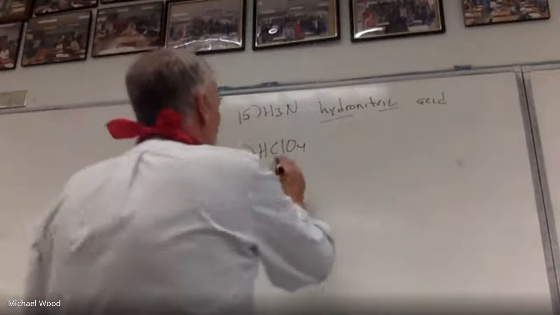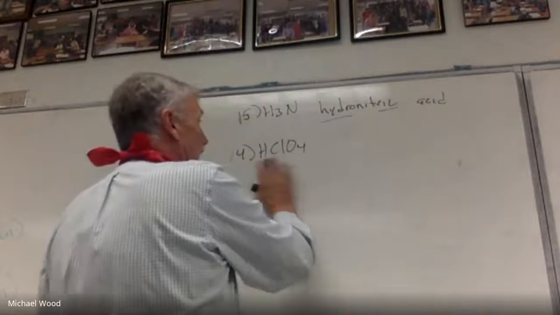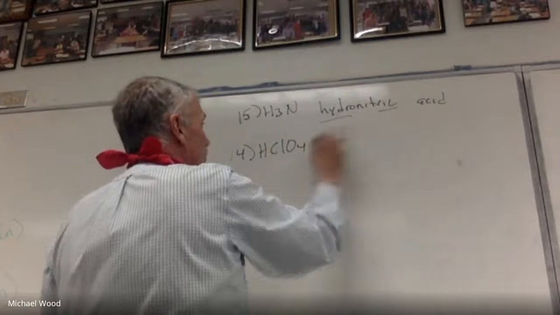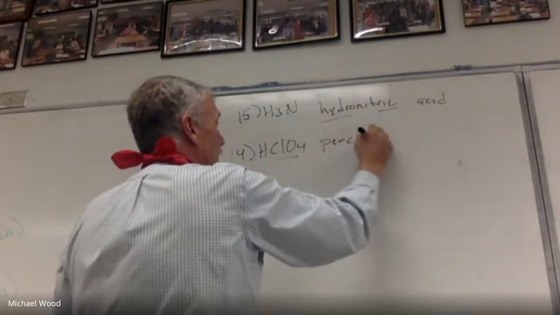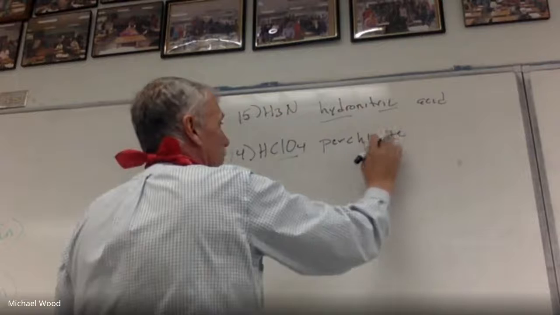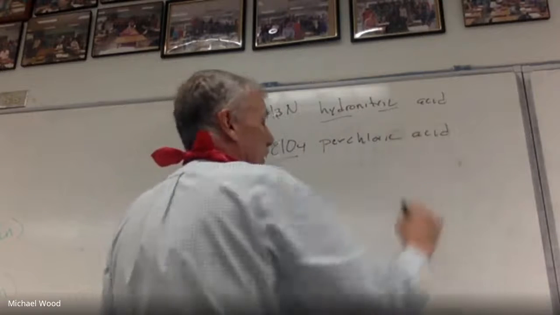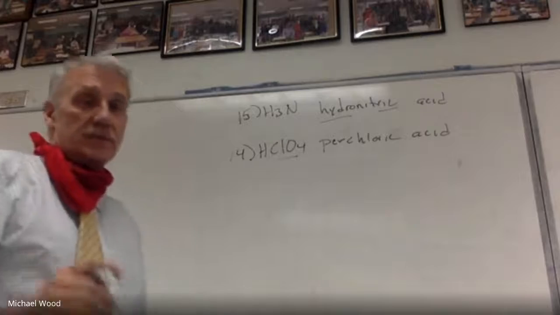When the acid has oxygen, it's ate-ic, ite-ous. So if ClO4 is perchlorate, I drop the ate and I add IC. So perchloric acid.